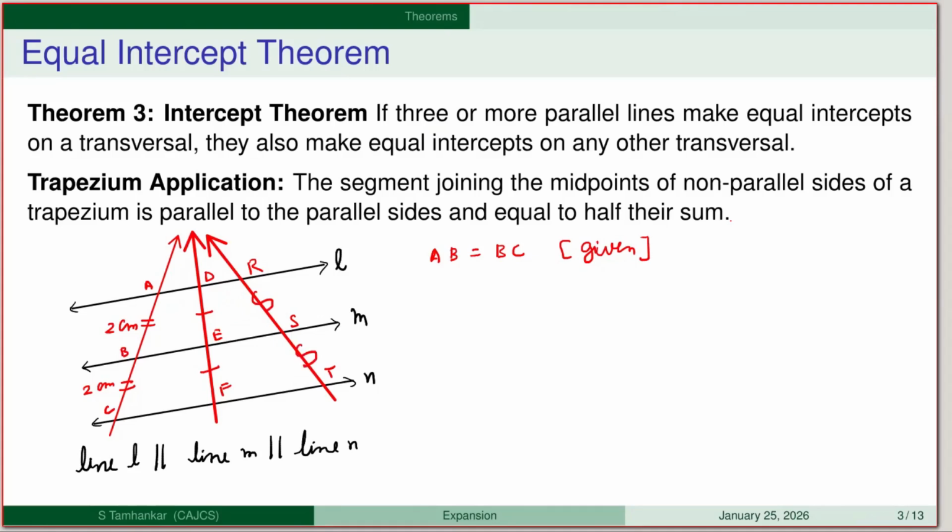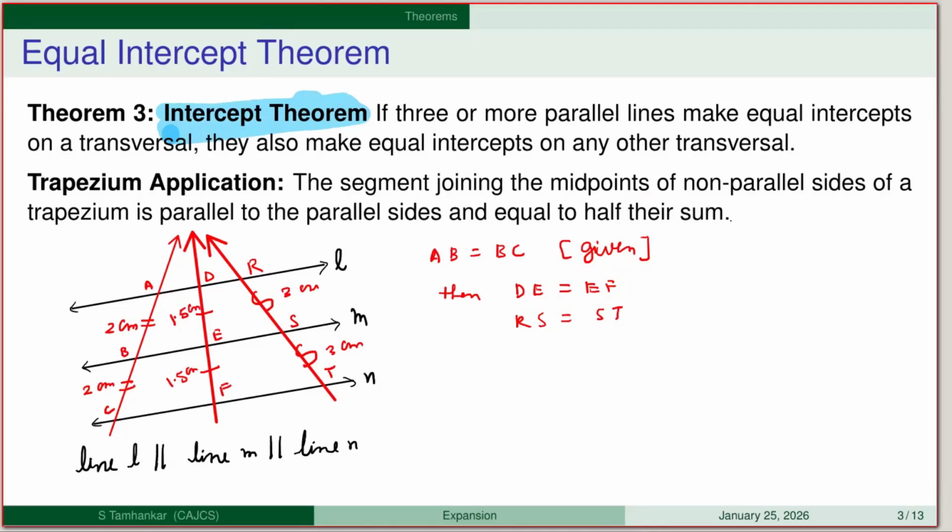Then you will have DE equal to EF, and RS equal to ST. Suppose this is 1.5 centimeters, this is also 1.5 centimeters. If this is 3 centimeters, then this will also be 3 centimeters. This is called the equal intercept theorem. If one line makes equal intercepts, all other lines will make equal intercepts.